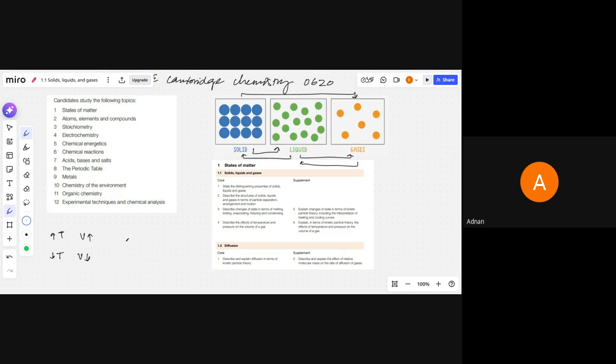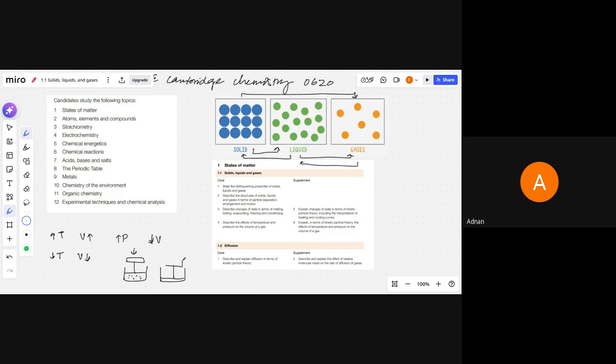So for pressure and volume, increasing pressure decreases volume, right? Remember that. You can imagine a flask connected to a movable piston, and if I apply force, if I exert pressure here, what will happen? These gas particles will come closer to each other, and the volume will decrease.